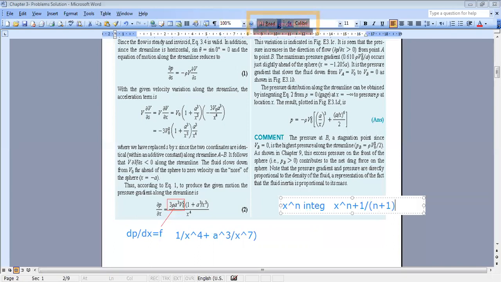So all I have to do is to apply the rule here, having for the first function n equal to minus 4, and for the second function n equal to minus 7. So it's simple math, and I can get the integration. If I integrate and I replace the boundary condition, between minus infinity, at minus infinity p is 0, and at any x p is equal to p of x, I end up with the following relation, that p is equal to minus rho v0 squared times a over x cubed plus a over x to the power 6 over 2.